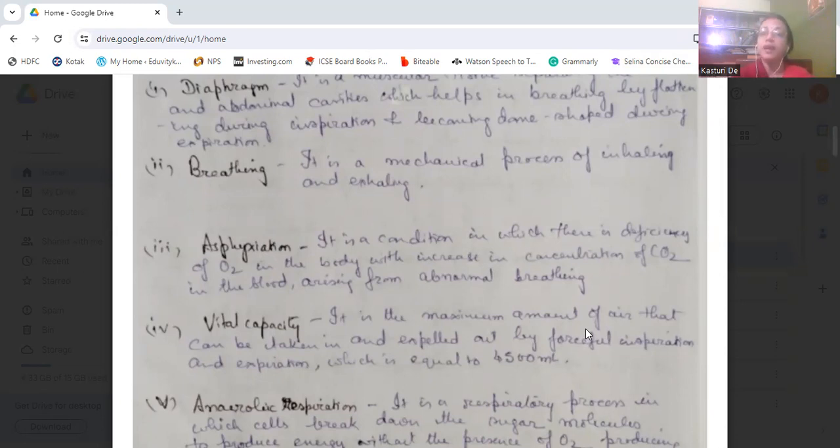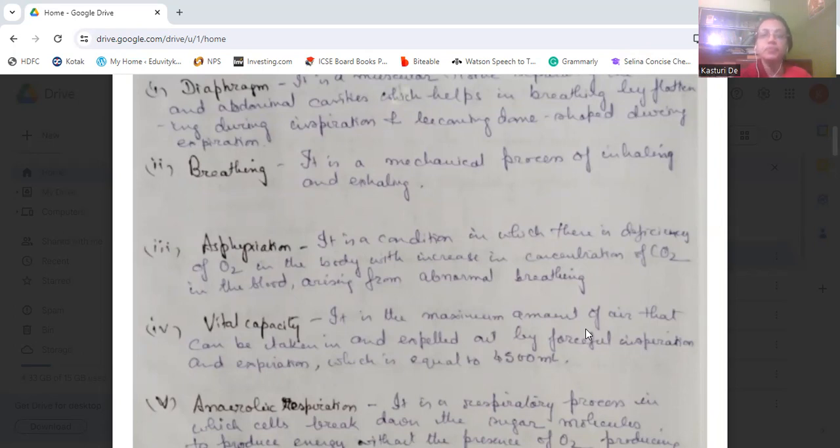In that condition, the concentration of carbon dioxide in the blood increases, and deficiency of oxygen takes place. So the person will not be able to breathe normally. So there will be abnormal breathing. That condition leads to asphyxiation.